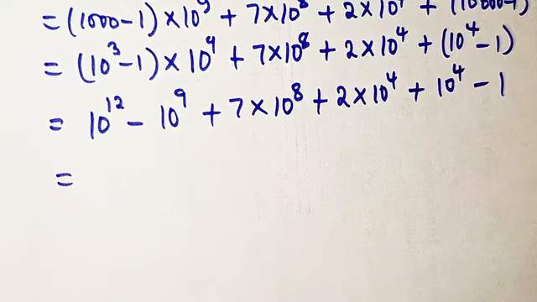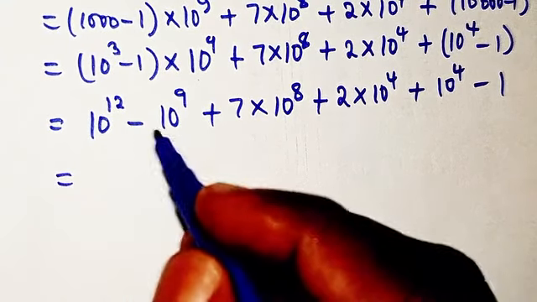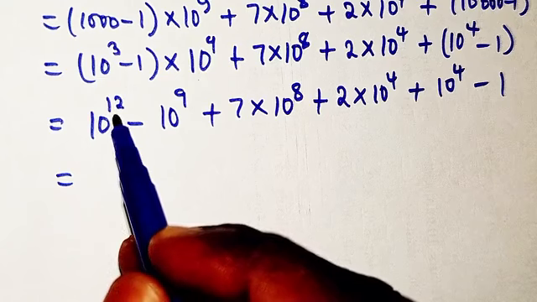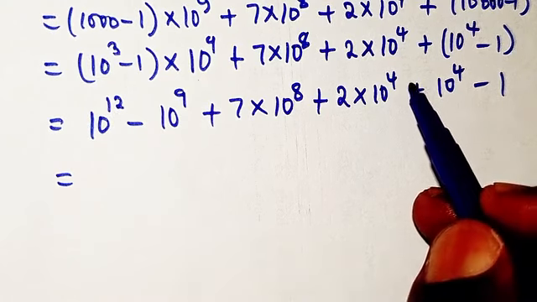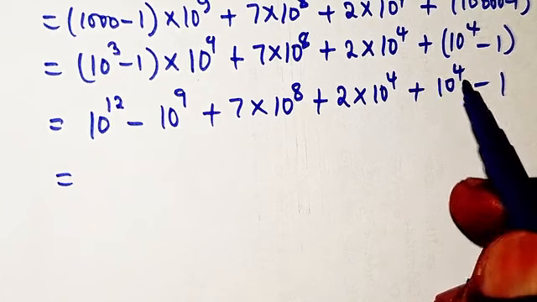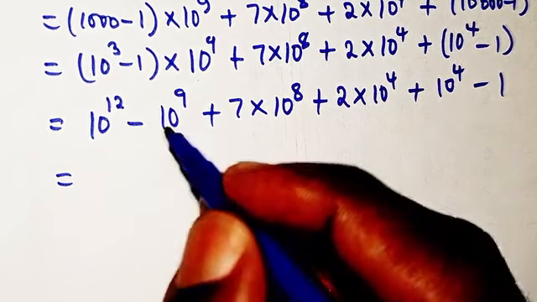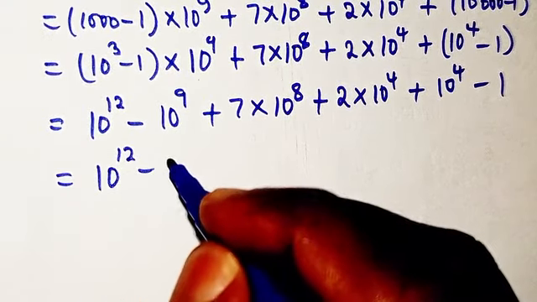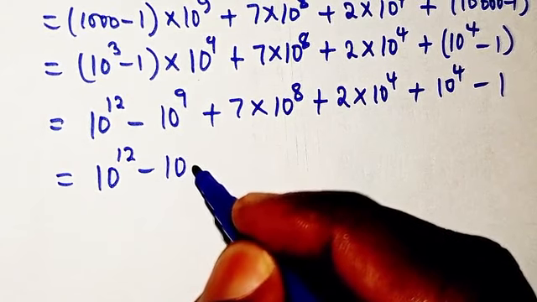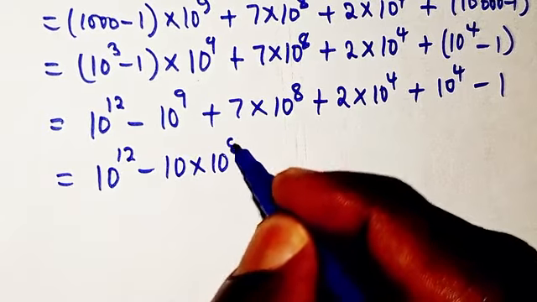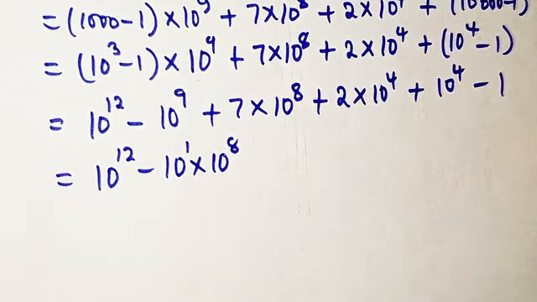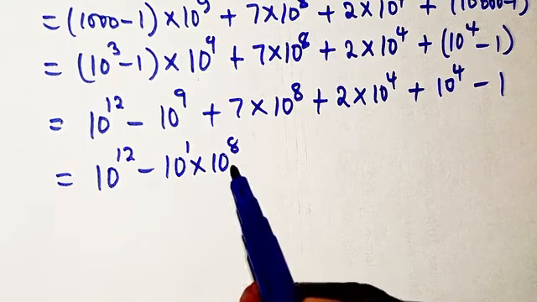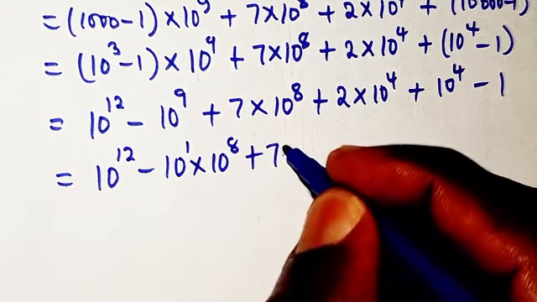So now we continue. Here I want to try to bring out a common factor. When you look at this, we can see that we have 10 to the power 12 here, and the least exponent that we have here is 10 to the power of 4. So I'm going to rewrite this 10 to the power of 9 in this form: 10 to the power of 12 minus, I can write this as 10 to the power 1 times 10 to the power of 8. I just split 10 to the power of 9 into 10 to the power of 1 times 10 to the power of 8, then plus.